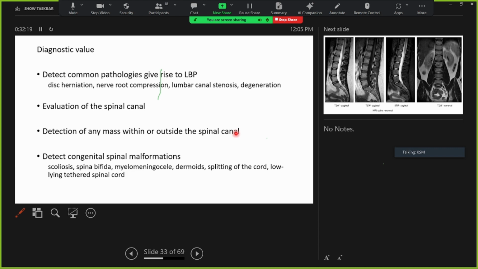Any masses within the spinal canal or outside the spinal canal, or within the spinal cord, we can detect the exact location of the masses. And congenital spinal malformations like scoliosis, spina bifida, meningomyelocele, dermoid, tethered cord, low-lying cord, all these things we can diagnose with MRI.